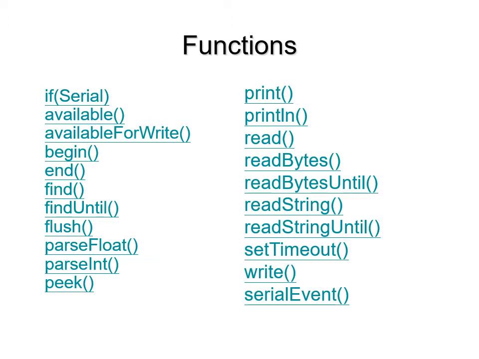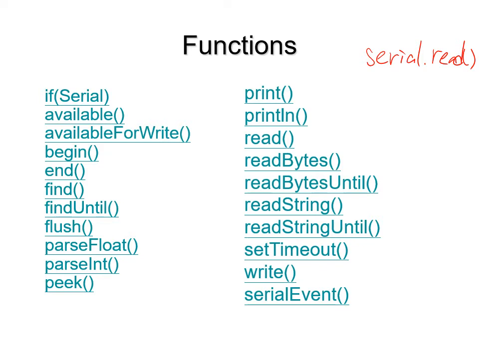Now for the functions, you may find that the serial object implements many functions, so that whenever you use a function, you issue the statement Serial, for example Serial.read, and then you can call the function. You can see that the methods or functions are included in the object.